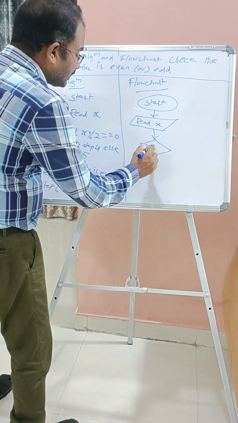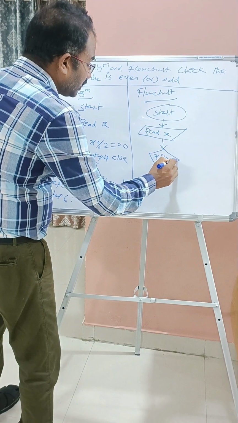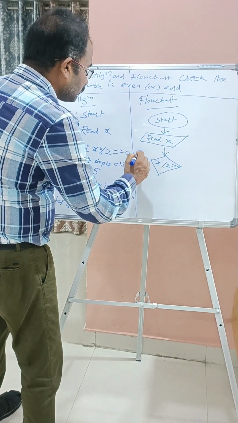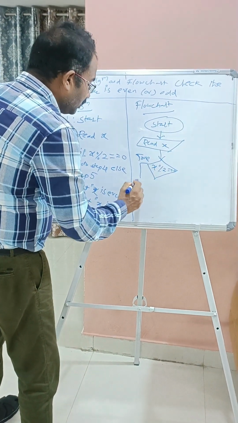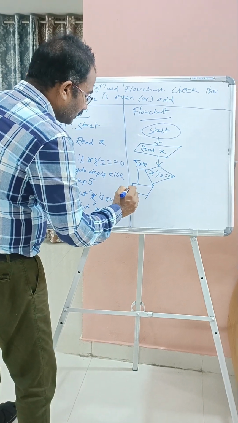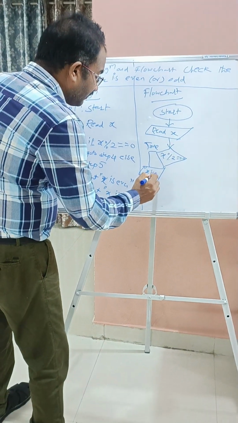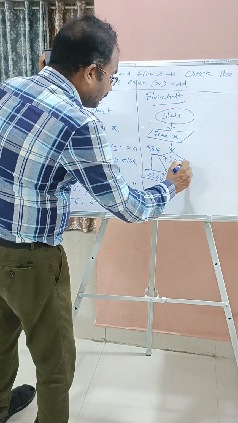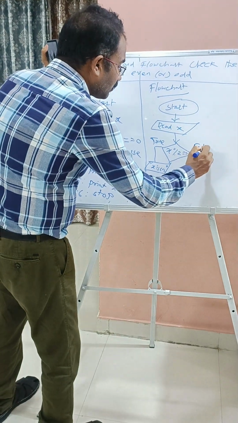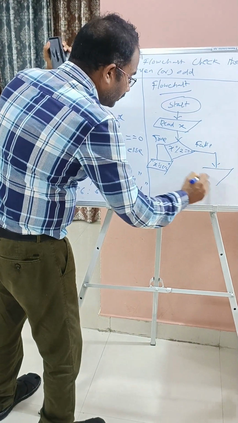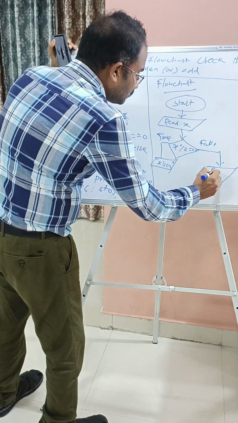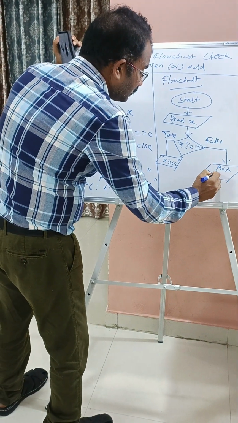What is the condition? x percent 2 equal to 0. If the condition is true, what are we going to display? x is even. If it is false, what are we going to display? Print x is odd.